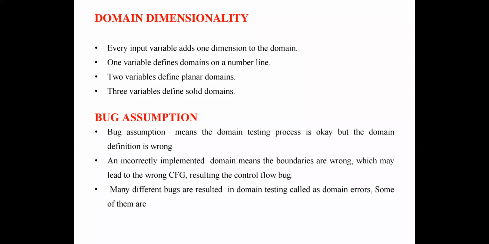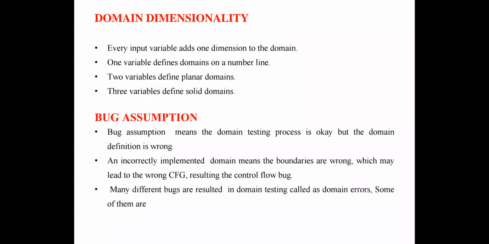And when you are using three variables, it is called three variable dimensionality. So when one variable is added, another dimension is added. When another variable is added, another dimension is added. Two-dimension, three-dimension, four-dimension, like that.